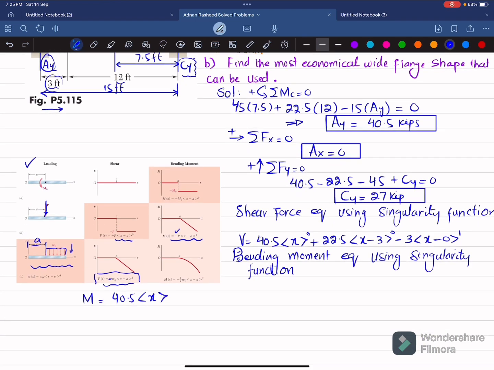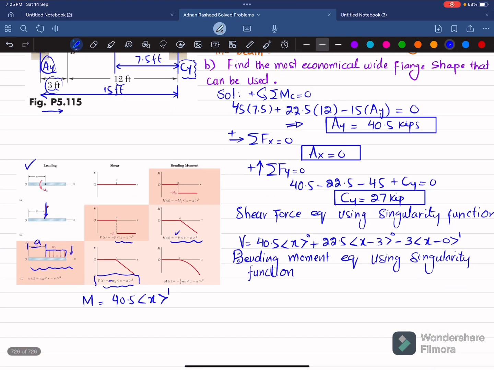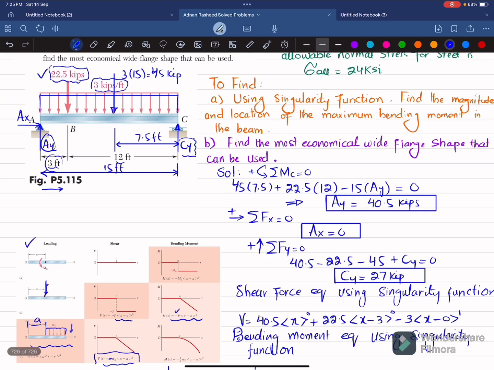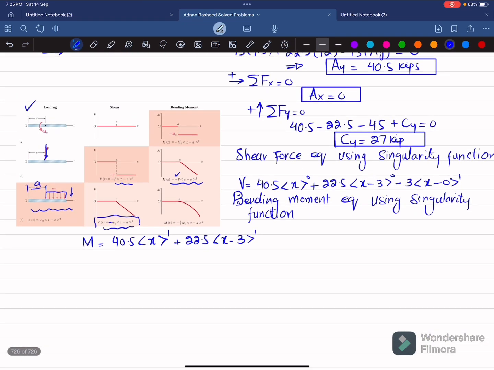So this power 1. Now the second load is again 22.5. So I will write plus 22.5 into x minus a, where a is 3 feet. So 3 power 1. The third load is distributed load, which is 3 kips per feet. So for distributed load, you can see the moment equation is this one. So minus 1 over 2 w naught, which is 3, into x minus a, so a is equal to 0, so x minus 0 power 2.